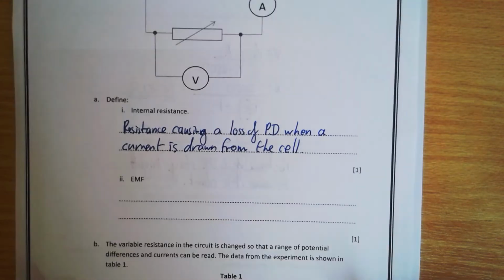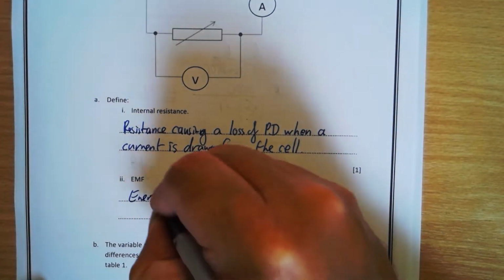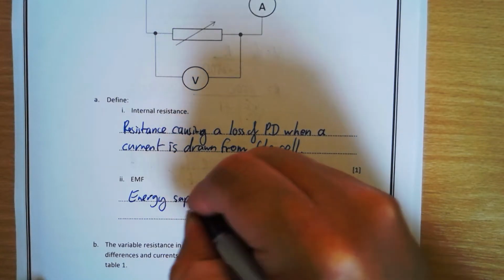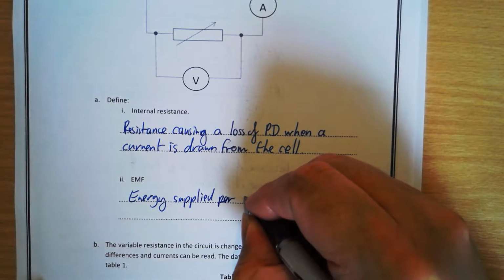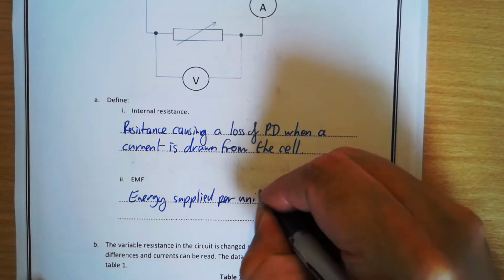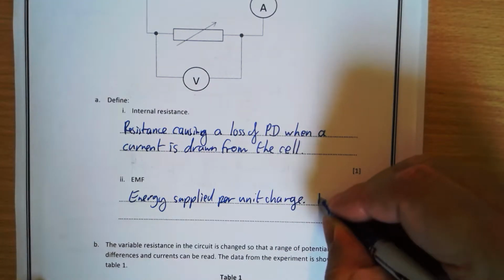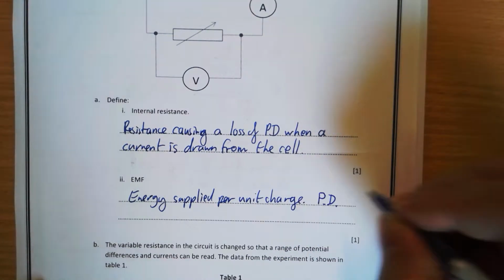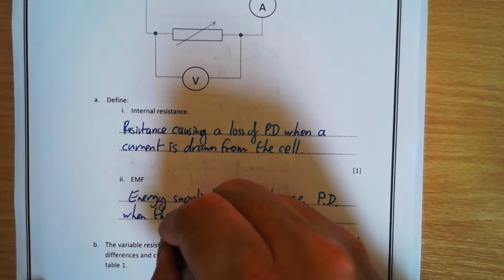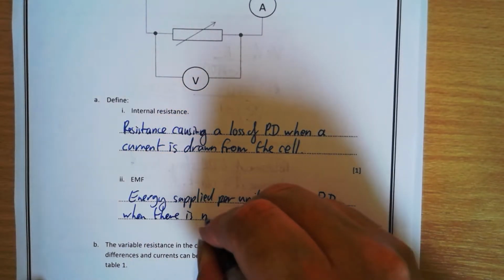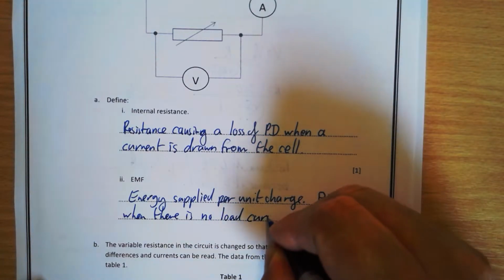And the EMF is the energy supplied per coulomb of charge, or per unit charge. You could also think of it, I'm going to hedge my bets a little bit, it's also the PD when there is no load current.